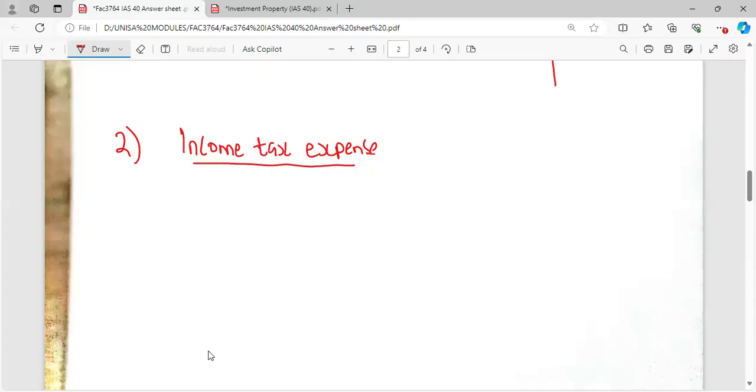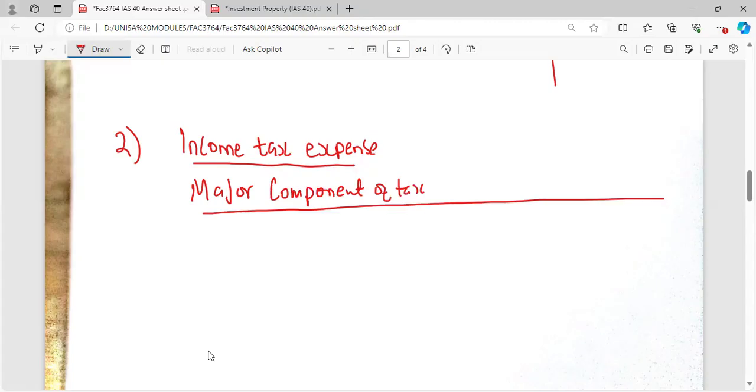Anyone who has got an idea? Components of tax. Yes, we need those two major components of tax. So your major components of tax are going to be current tax. So once you see this income tax expense note, what makes up income tax expense?